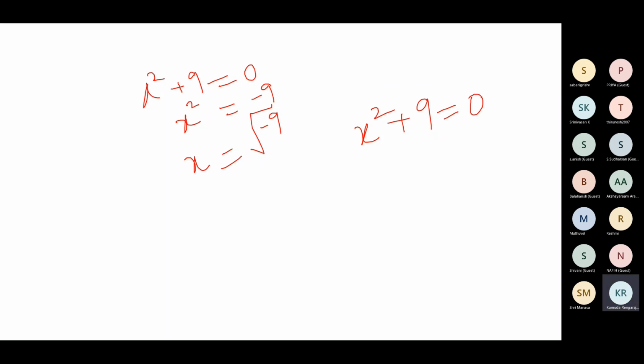You give 1, minus 1, 0, 3, minus 3. 3 will give you 18, minus 3 also will give you 18. Whatever is the value of x, the equation will not be satisfied. Which means this quadratic polynomial x squared plus 9 has no real zeros.